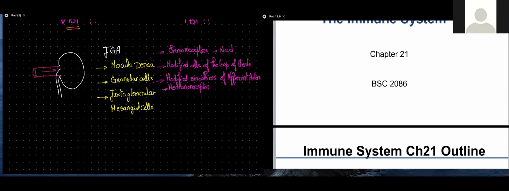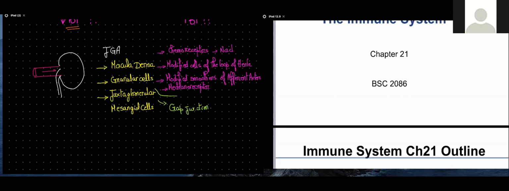For the juxtaglomerular mesangial cells, those act as message carriers, as they have gap junctions in between.